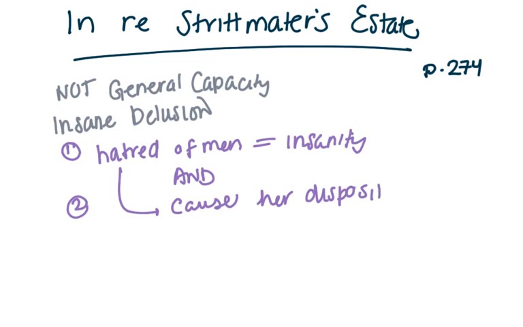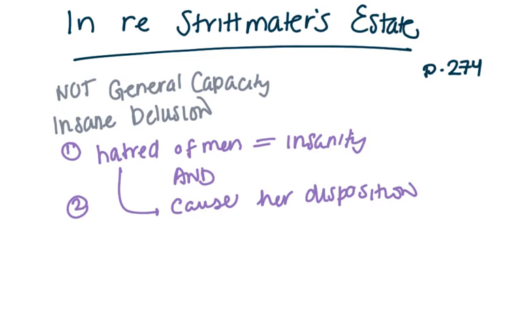In other words, did it cause her to leave her estate to the National Women's Party? The court didn't explore whether Louisa's hatred was at all grounded in reality or in her lived experience. They just held that her hatred of men was irrational.